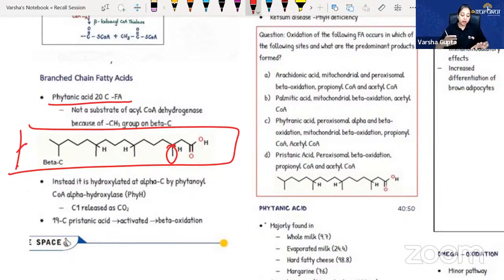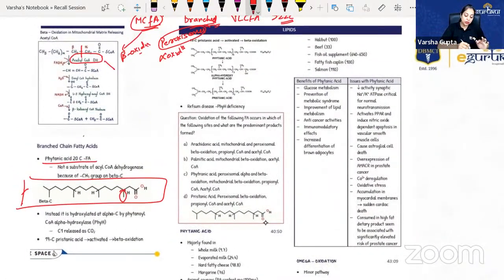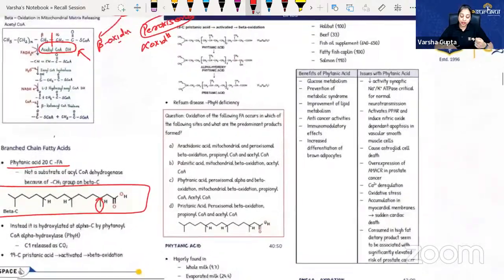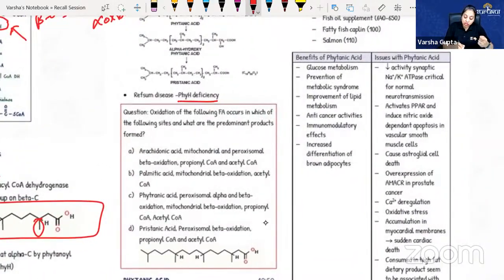And then your regular enzyme, acyl coenzyme A dehydrogenase, can chop it off into acetyl coenzyme A, that is a 2 carbon fragment, and then whatever it was going in a regular fashion can be carried on, right? So deficiency of this enzyme, which is removing this branch chain, the enzyme is PhyH. Deficiency of that enzyme leads to the Refsum disease.